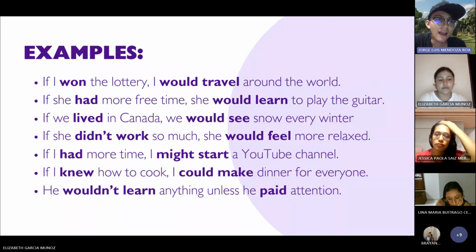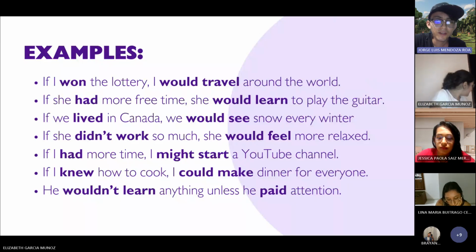Okay, now I need some volunteers to participate here. What we are going to do is read the examples in English, and then we have to translate the examples into Spanish, in a literal Spanish. Maybe Brian, can you help me reading the first one?